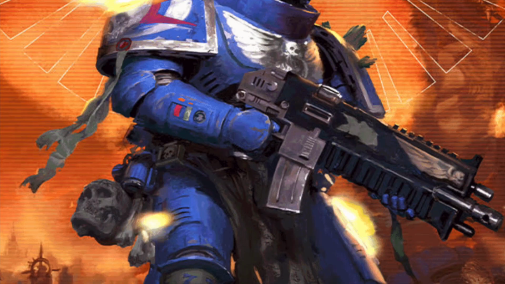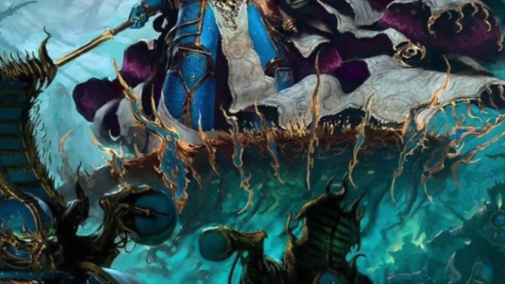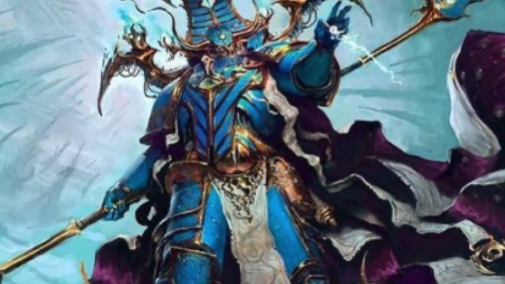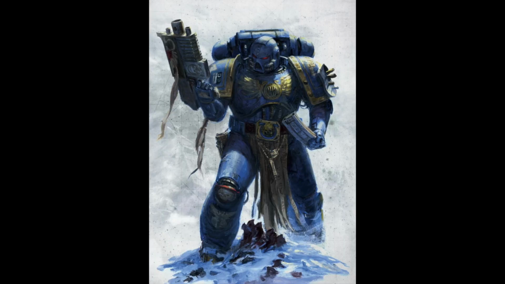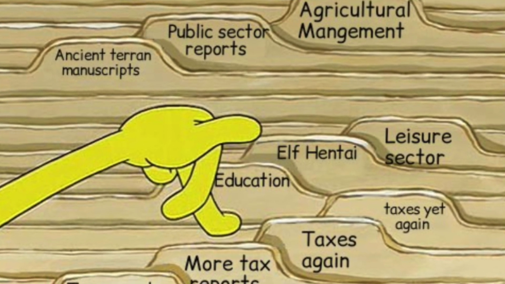For example, something like the Ultramarines, who have a fairly bright blue, but not too bright to appear playful or arcane and whimsical, have that sense of sturdiness of mind. The Ultramarines are, of course, known for their taxes, their logistics.